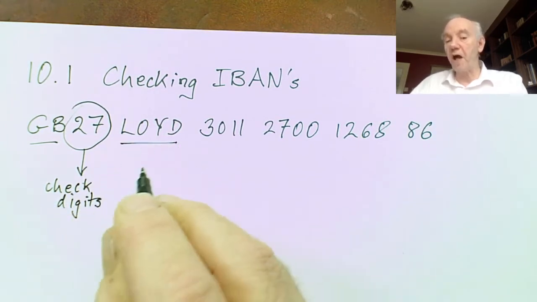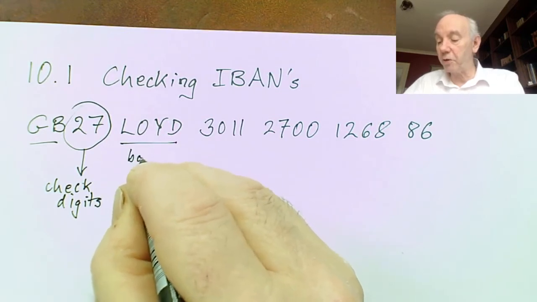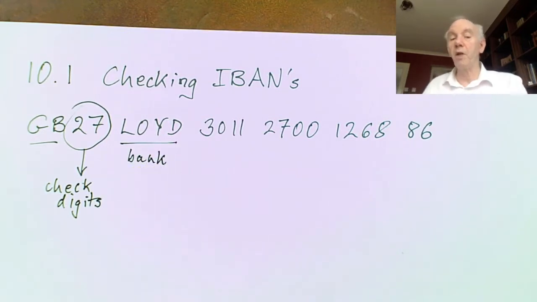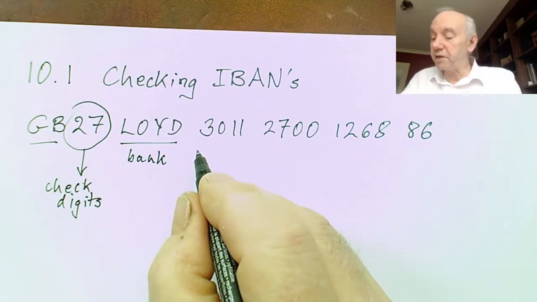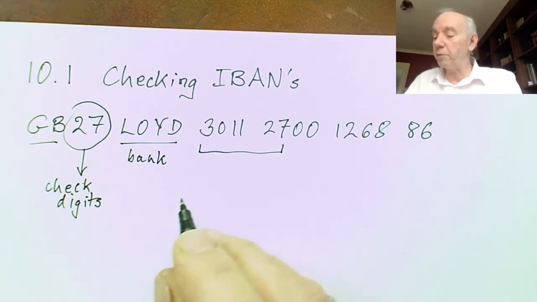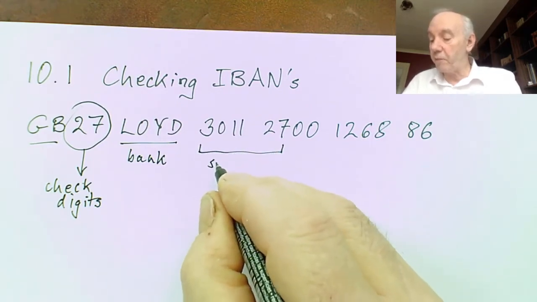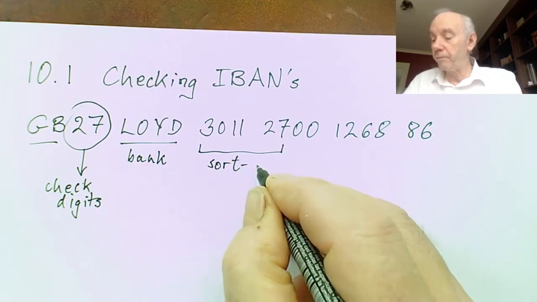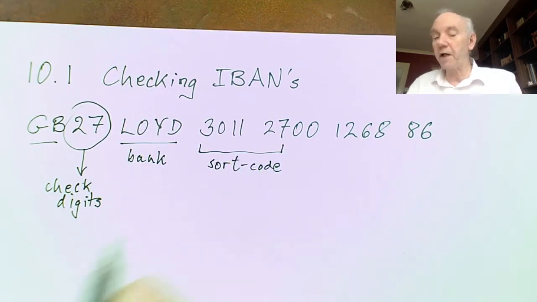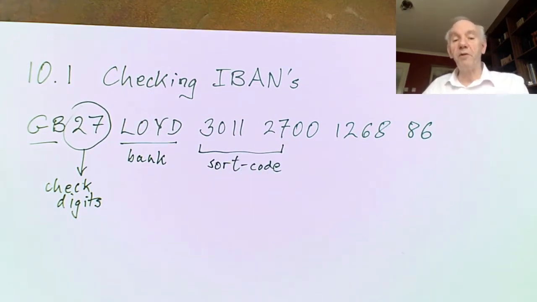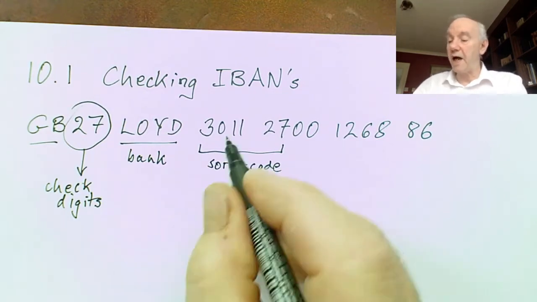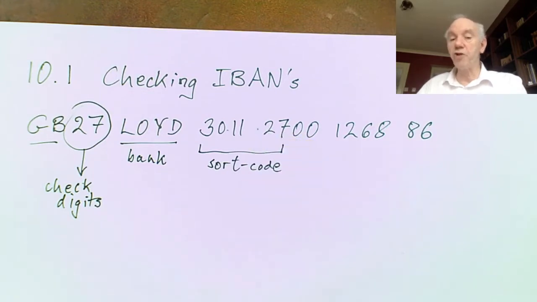Then obviously we have the name of the bank, which in this case is Lloyds. And then the next 6 digits in the UK system would be the sort code of the bank. The 30 probably also tells you it's Lloyds, so there's some overkill here. And this will also tell you the location of the bank, in this case in Oxford.